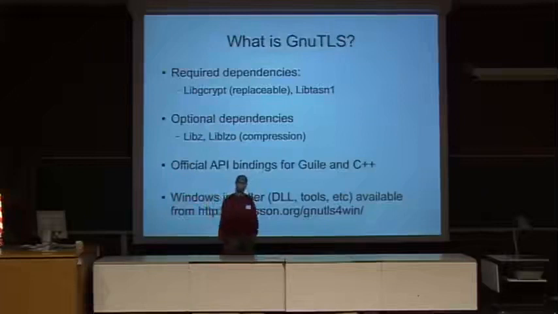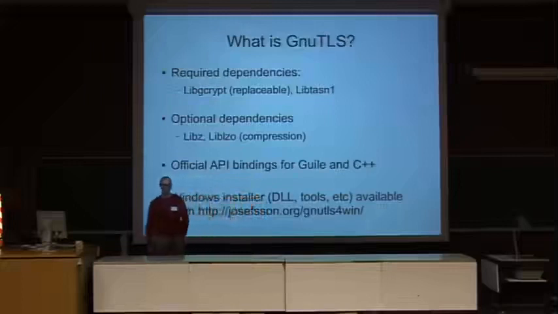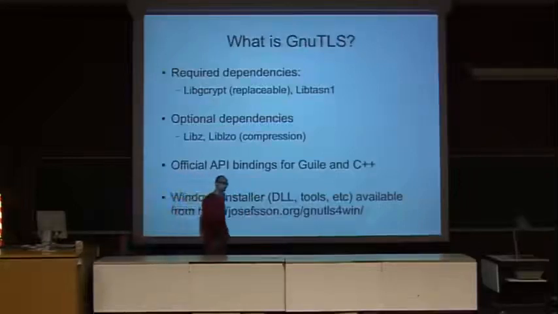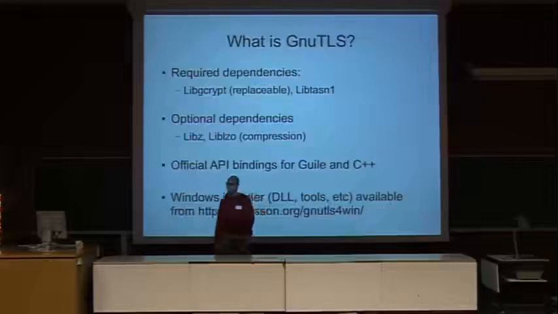As far as I know, there are no Perl bindings, so if anyone here is a Perl hacker, there's a nice project for you. There's also a Windows installer built using the MinGW cross compiler and the NSIS installer, which are very nice tools to create Windows programs from a Linux environment.